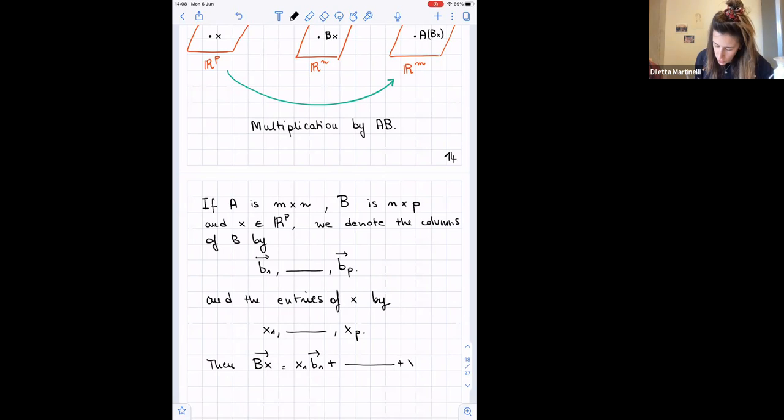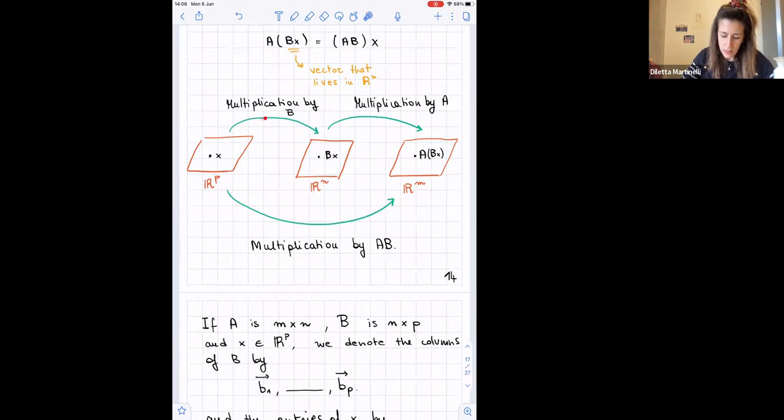It's a linear combination of the columns of B, where the weights of the combination are given by the entries of x. That was our definition. Great. So remember what we are trying to do. We are trying to find an expression of the composition of the multiplication by B and the multiplication by A with a single matrix. So far we applied B. Now we want to apply A, right? The second. So first we did this, and now we want to apply the second one.